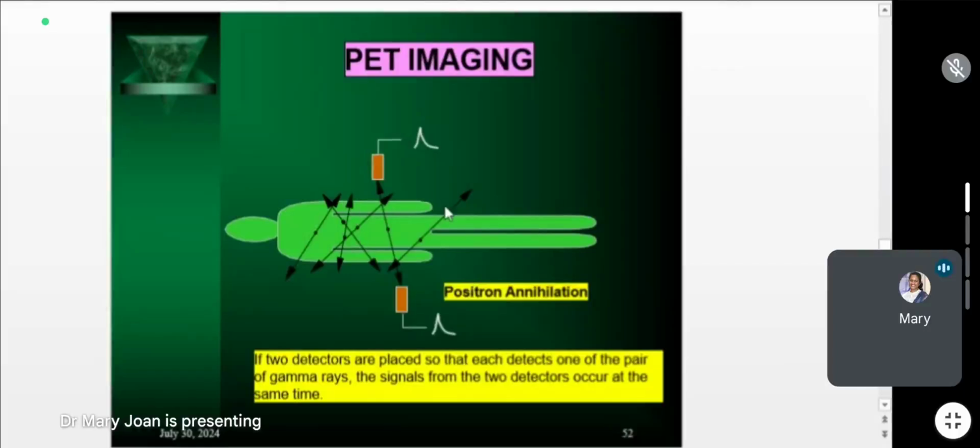So it is pictorially represented over here. Two detectors are placed so that each detector detects one of the pair of gamma rays. And it is most important that the signals at the two detectors occur at the same time, within a window of time.